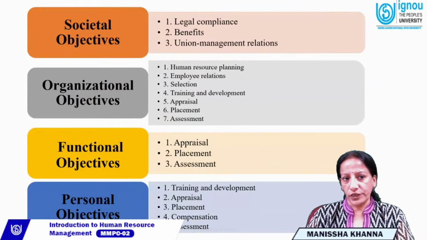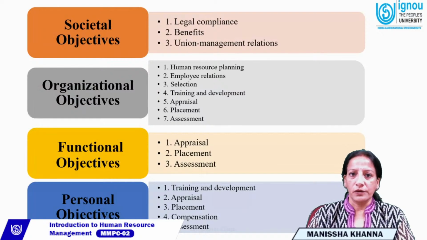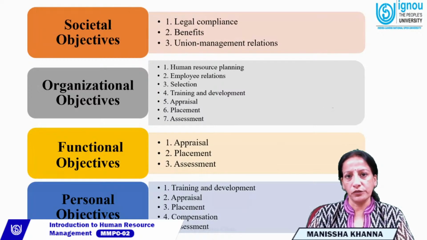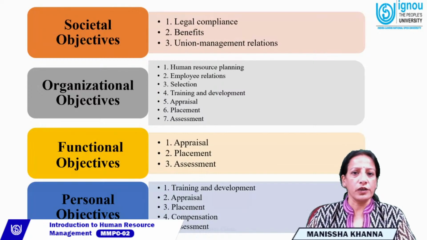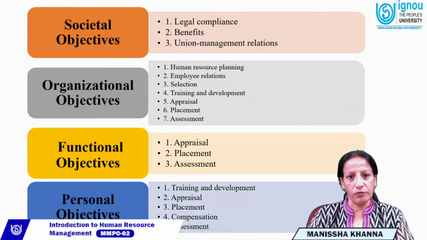There are certain objectives which relate with human resource management. First is the societal objective, which directly links with legal compliance, compensation and benefits, union management relationship within the industry. Then come organizational objectives, which relate with human resource planning, employee relationships between employer and employees, selection of employees.